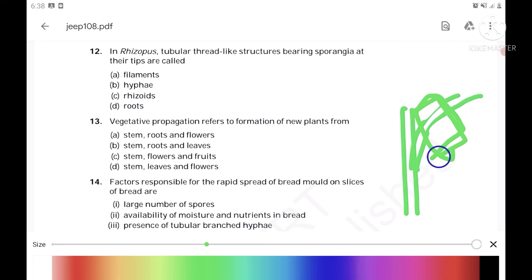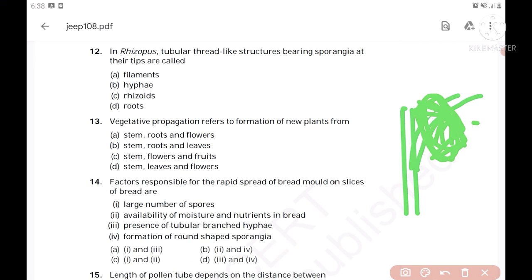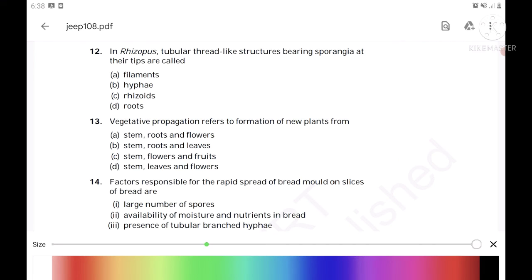You just cover it with a plastic wrapper and later on it grows roots. In the plastic wrapper you put a bit of soil and then wrap it up here. Let me draw it once more. This was the stem and you just cut a small part of it.